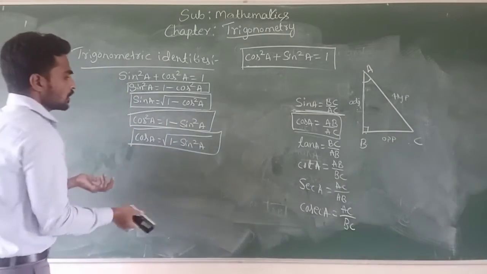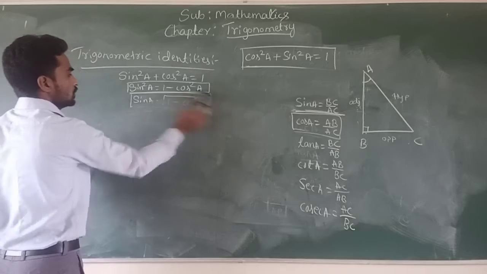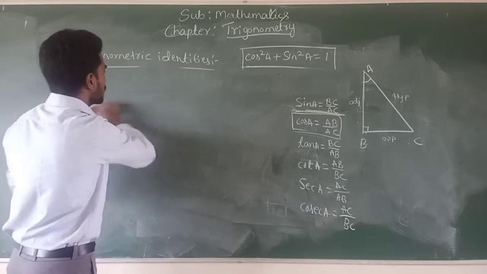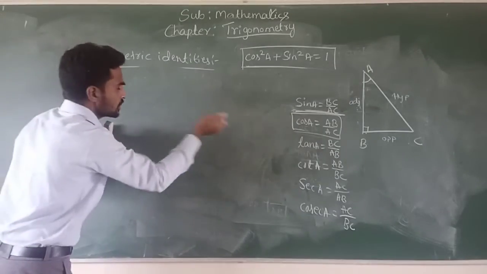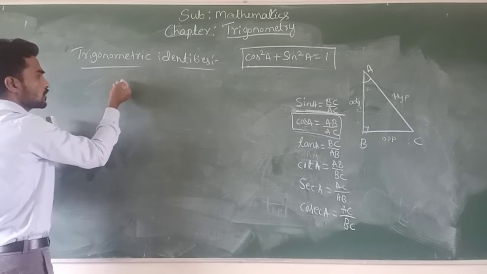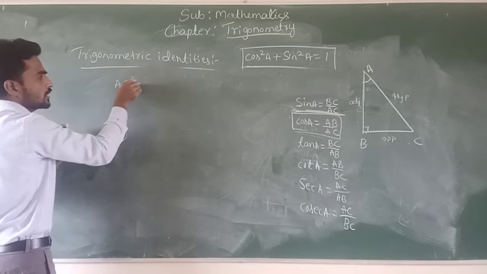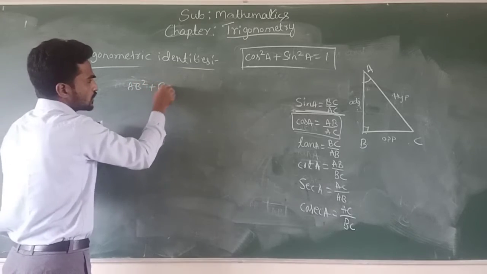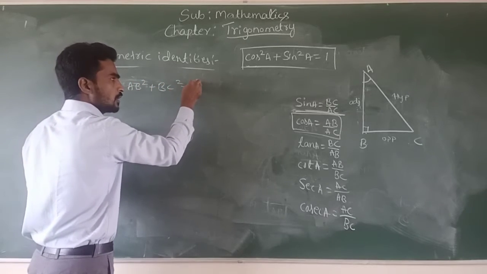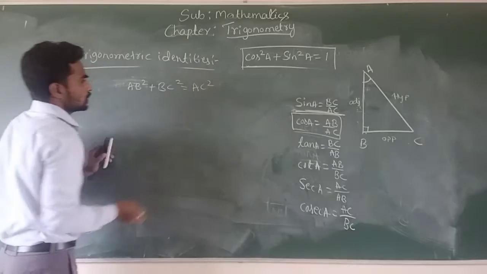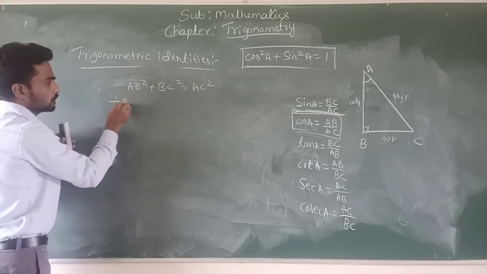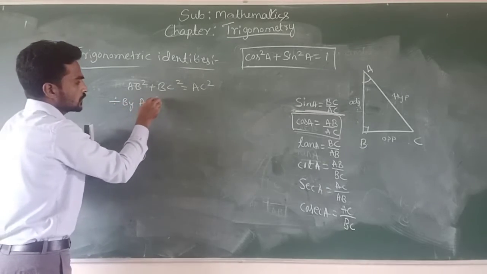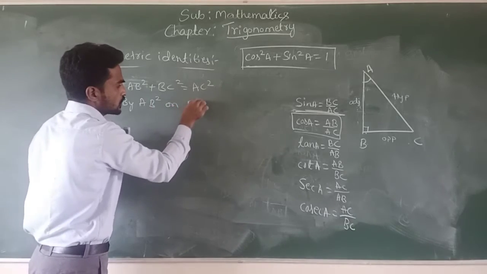Now going to another trigonometric identity. Same, consider Pythagoras theorem. We already know that AB square plus BC square is equal to AC square. Now divide by AB square on both sides.